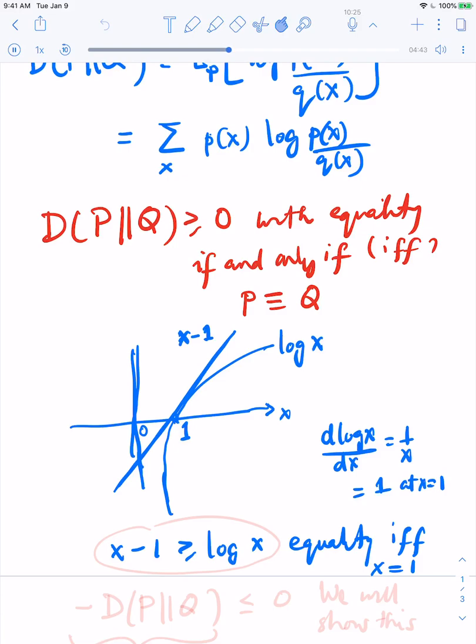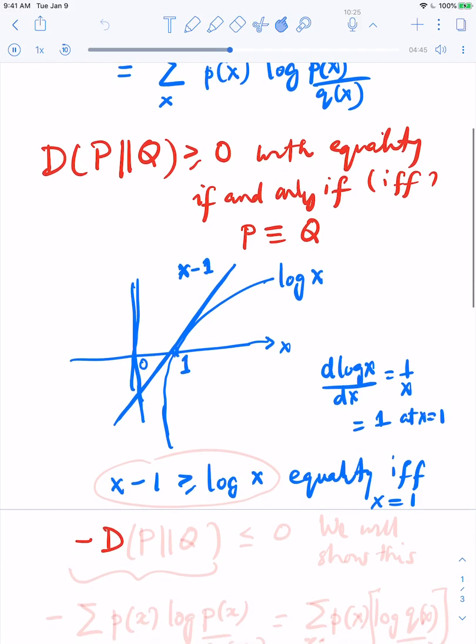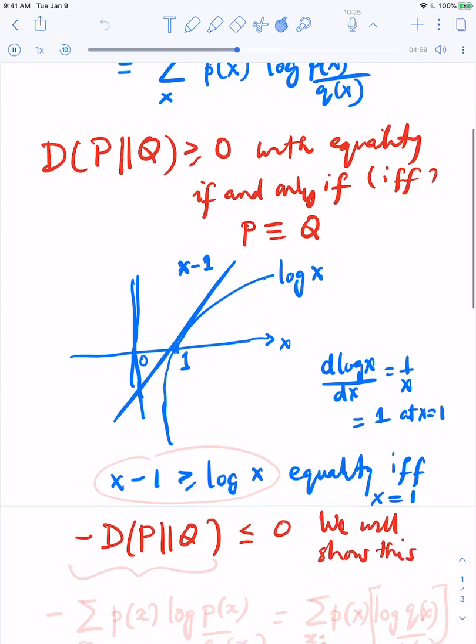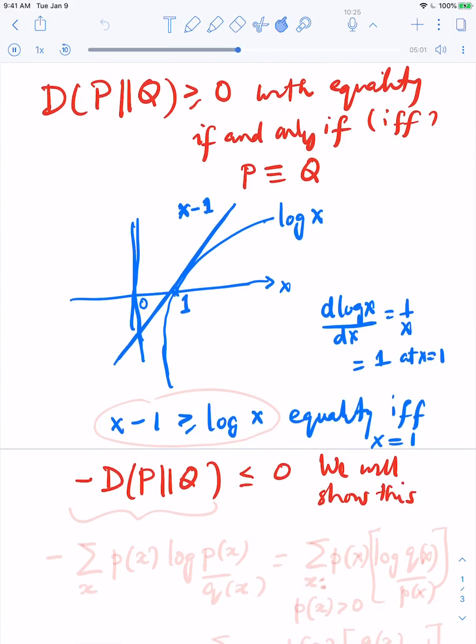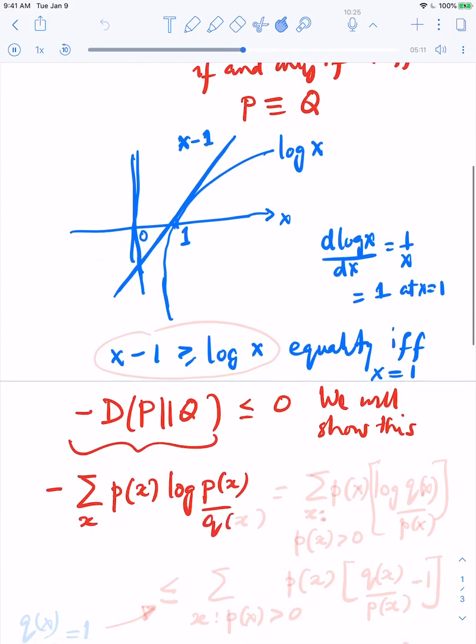So to use this, we'll consider minus D(P||Q), and we will show that it is less than or equal to 0. So let's write down the expression for this. It's minus the summation over x of p of x log of p of x by q of x.